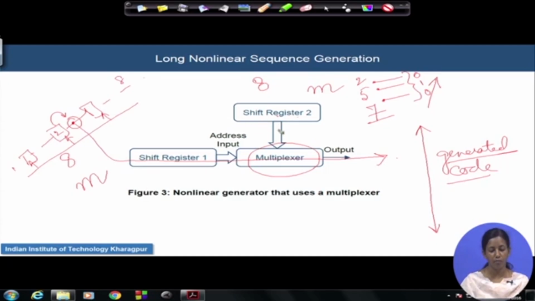from where the final output is taken out, always check finally the generated code's auto correlation as well as the cross correlation property. Because the auto correlation and cross correlation properties and the related power spectral density of the generated code are really very important in terms of synchronization aspects and code acquisition, code tracking in the receiver circuitry.